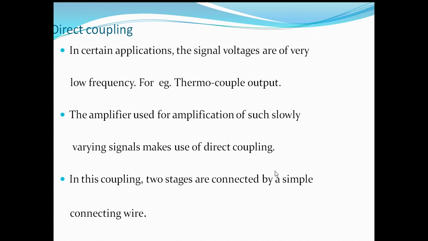The coupling network doesn't consist of any components or devices. Simply two wires are taken from the first stage and directly connected to the input of the next stage. Therefore, it doesn't require any components.